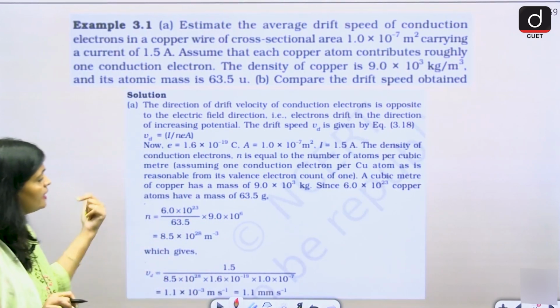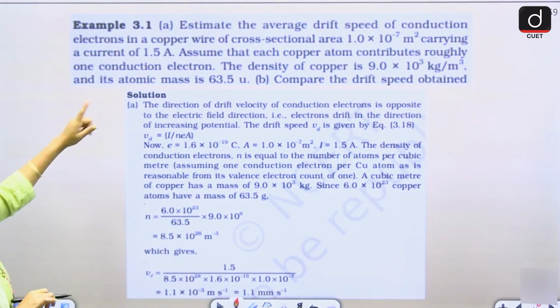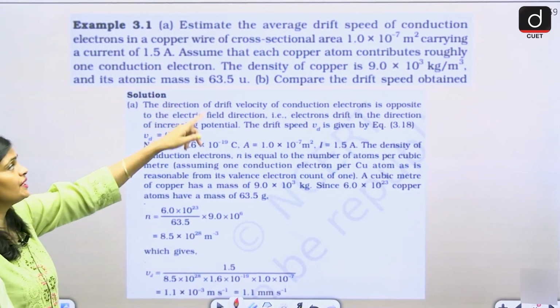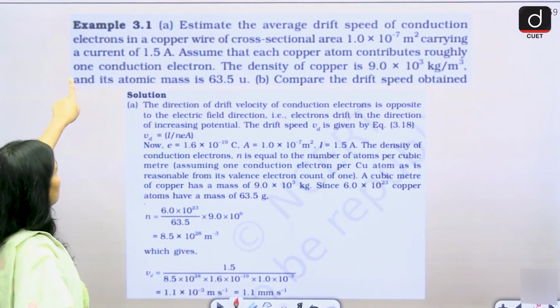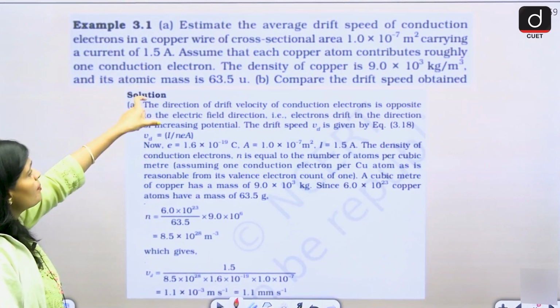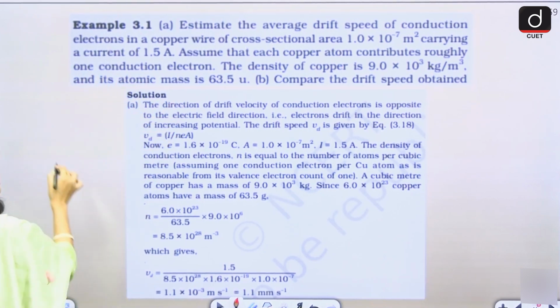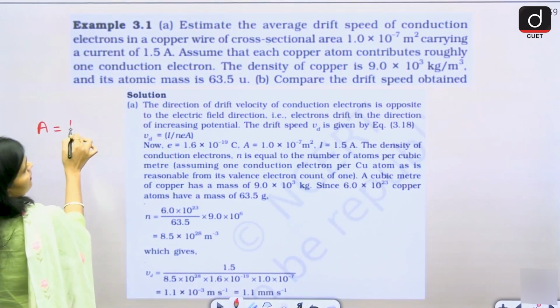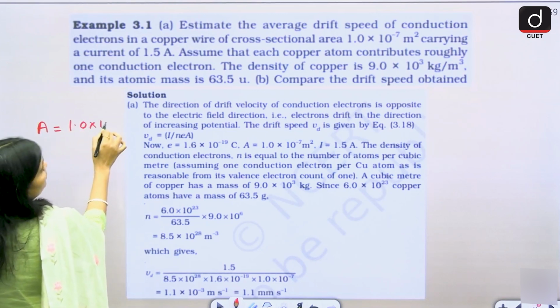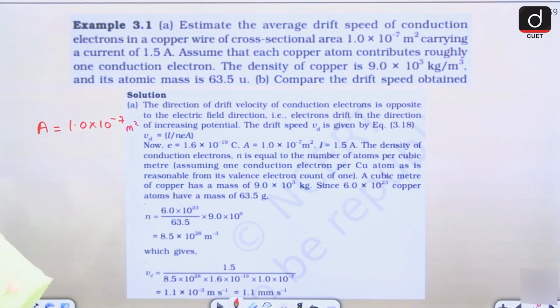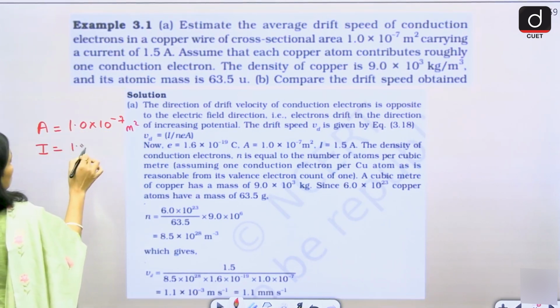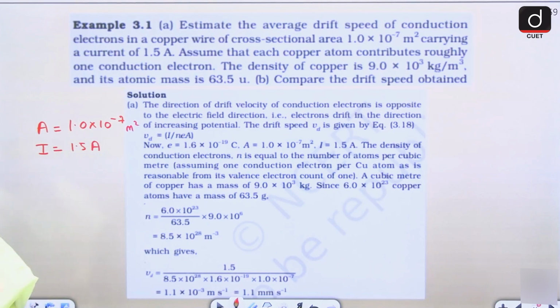So this is the in-text question of NCERT: estimate the average drift speed of conducting electrons in a copper wire of cross-sectional area 1.0 into 10 to the power minus 7 meter square, carrying a current of 1.5 ampere.